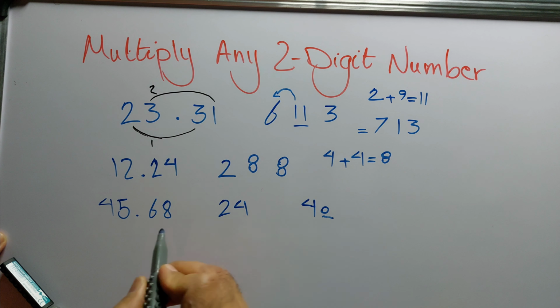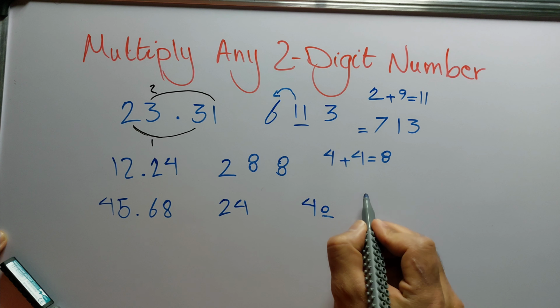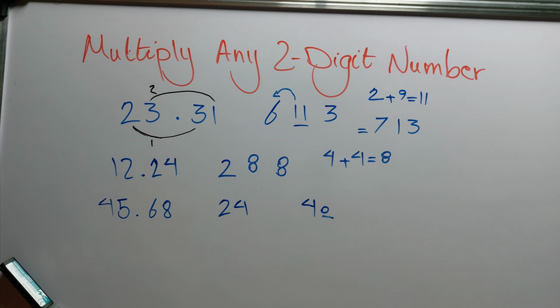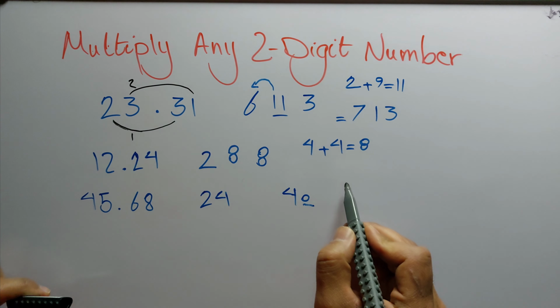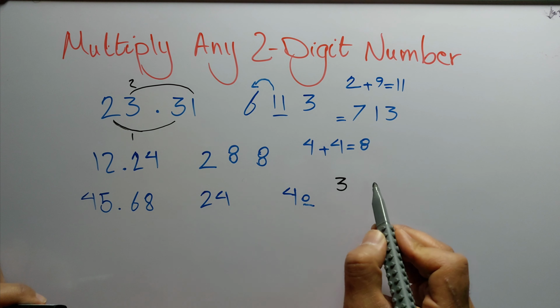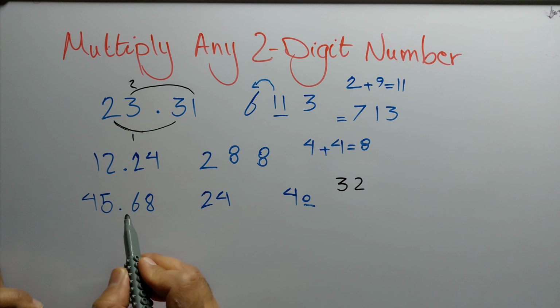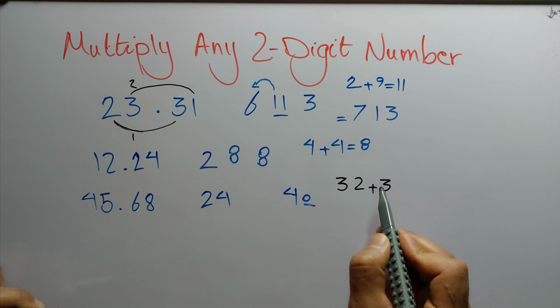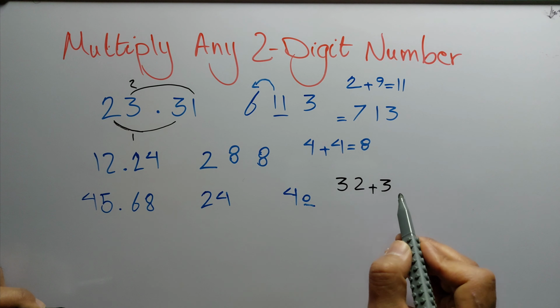So the other ones, 4 times 8 is 32. And then the inner numbers, 5 times 6 is 30. And then we have 4 from the previous operation.